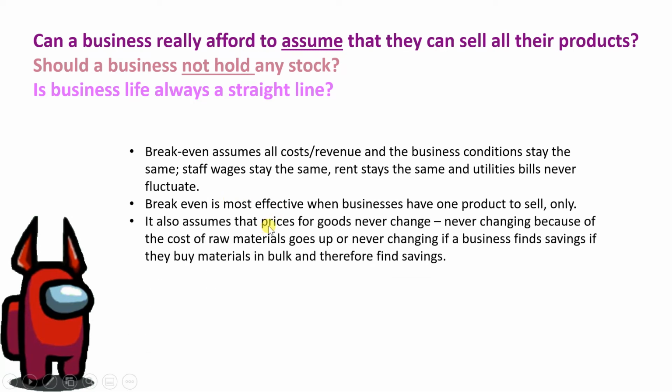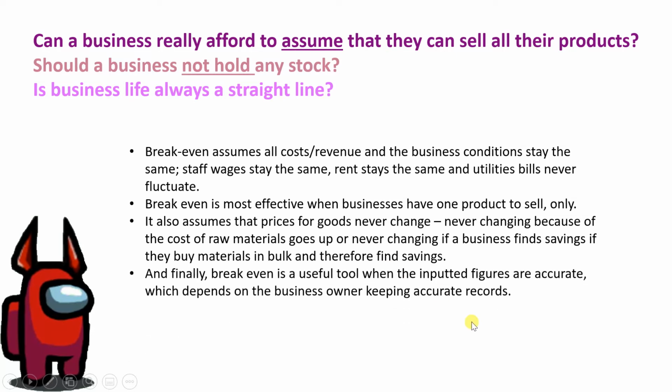It also assumes that prices for goods never change, never changing because of the cost of raw material which goes up, or never changing if a business finds savings if they can buy materials in bulk. And finally, break-even is a useful tool when the inputted figures are accurate, which depends on the business owner keeping accurate records. Can we always guarantee that?